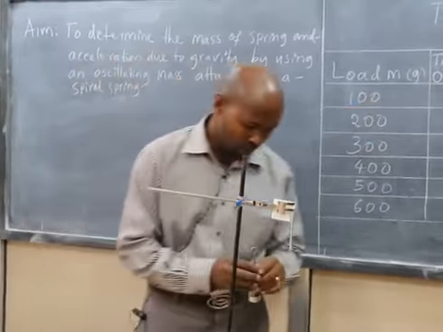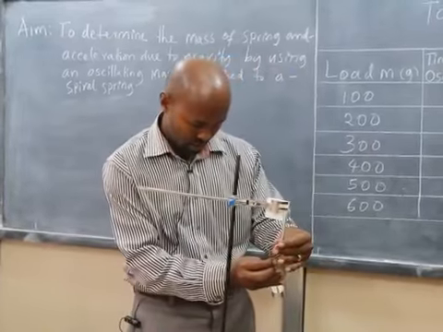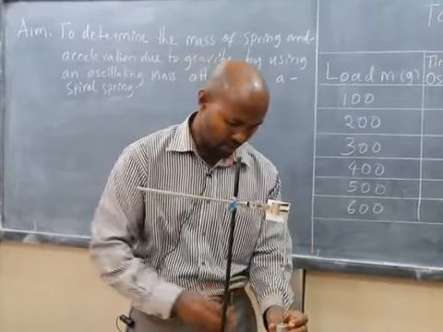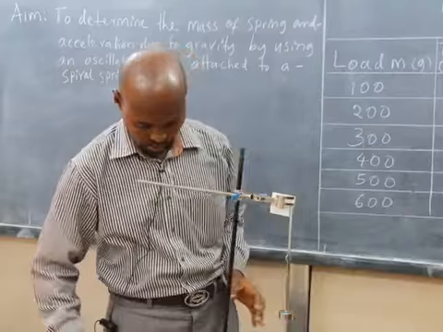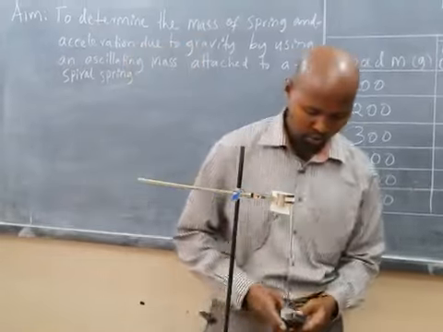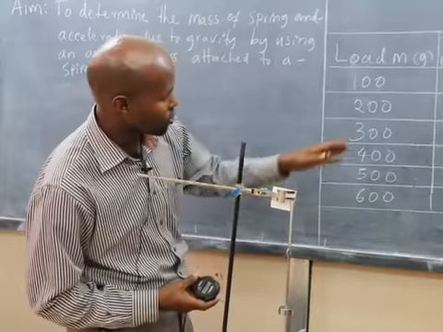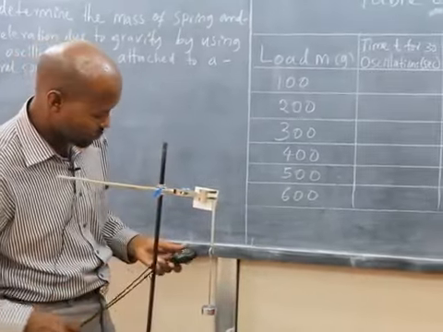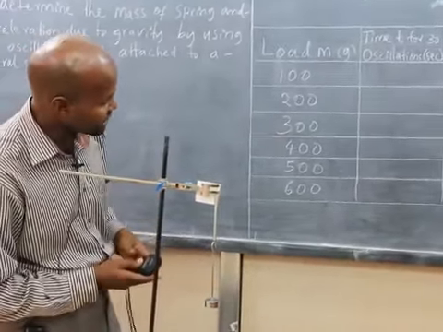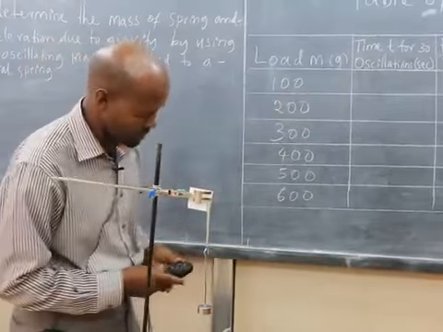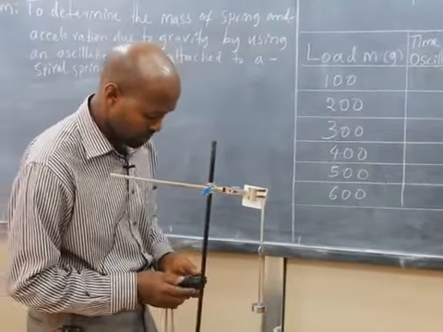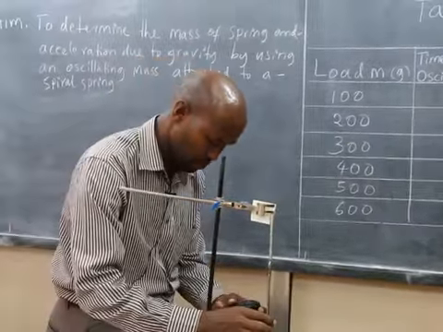Now I'll fix the 100-gram mass on the spiral spring, as you can see here. We are told to record the time for 30 complete oscillations. To start with, just a small oscillation.